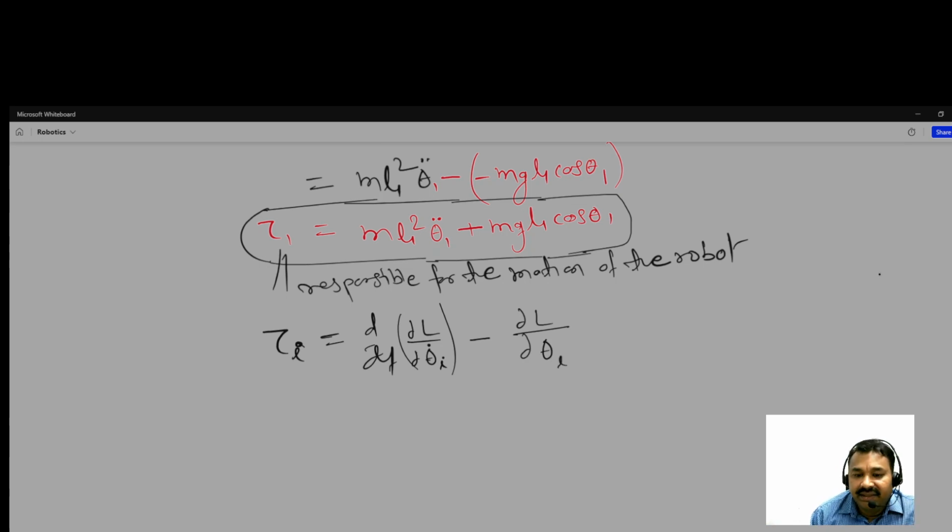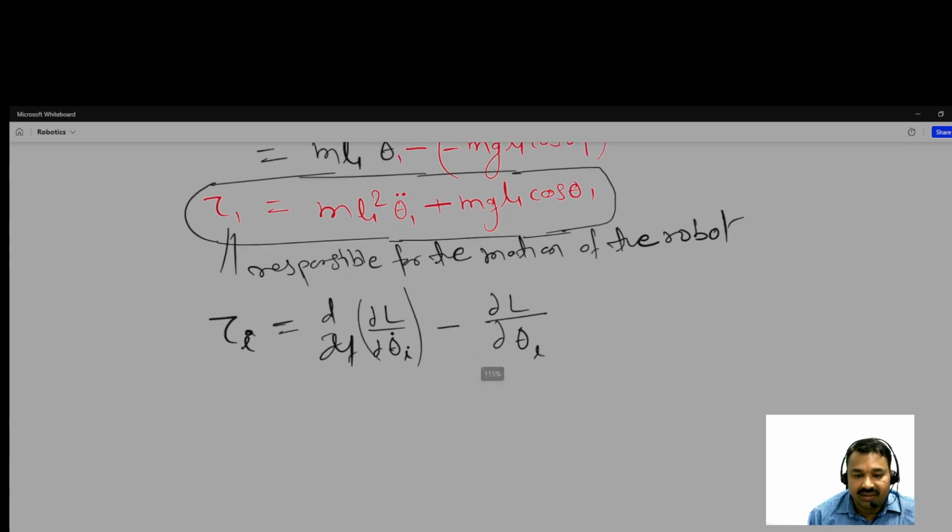One thing we need to remember: here is the differentiation of angular velocity, and here is the differentiation of angular position. And L is what? L is the Lagrange operator, equal to kinetic energy minus potential energy.